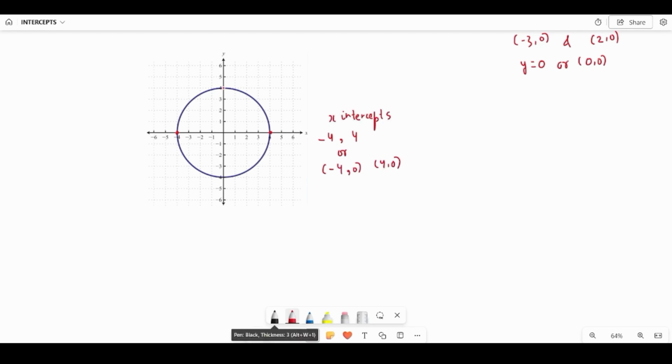Coming to the y-intercept, you can see that the graph is touching them at negative 4 and 4 again. That means your y-intercepts are the same as the x-intercepts here, which are negative 4 and 4, or in ordered pair, you can write them as (0, -4) and (0, 4). So these are x and y intercepts.